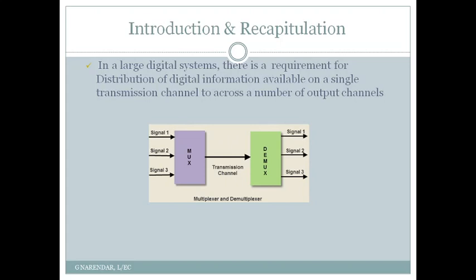And as the name suggests, the function of the demultiplexer is exactly the reverse of the multiplexer. That is, it should collect the digital information from a single transmission channel, select one output channel, and place the data corresponding to that channel on it, and next it has to switch over to the other channel, and place the data corresponding to that channel, and so on.